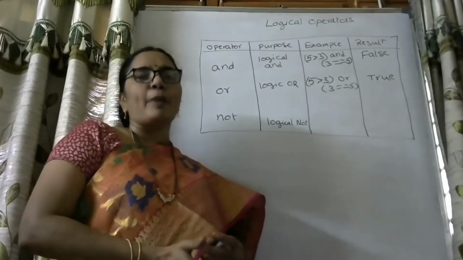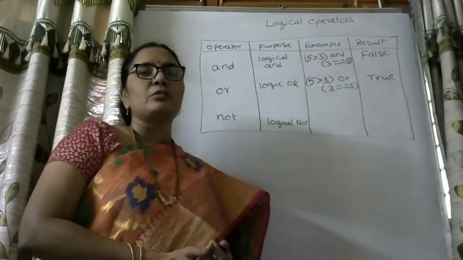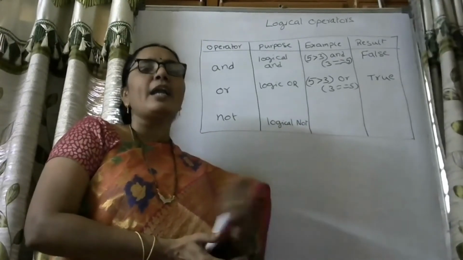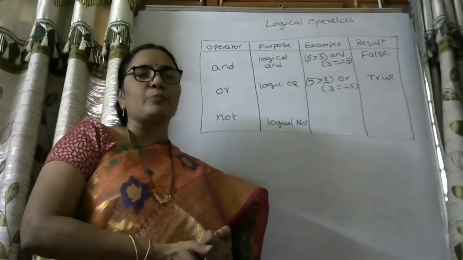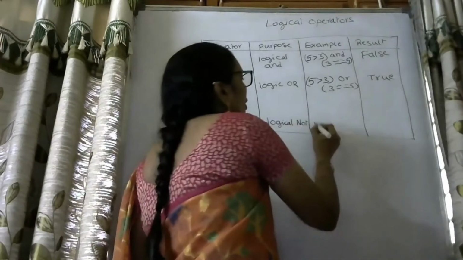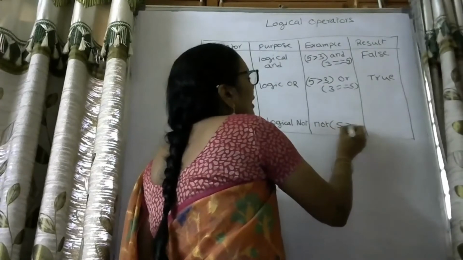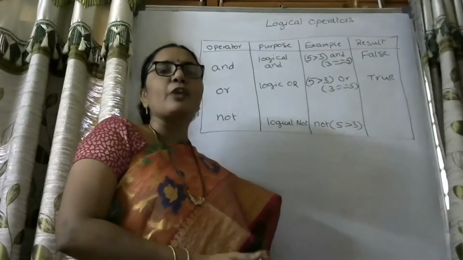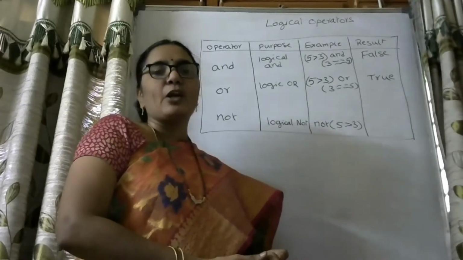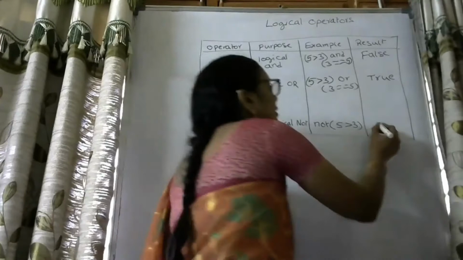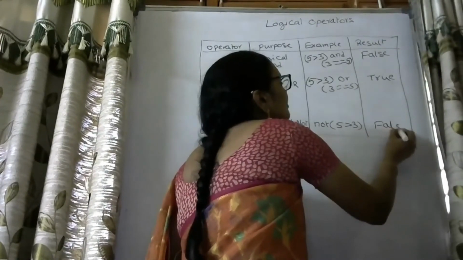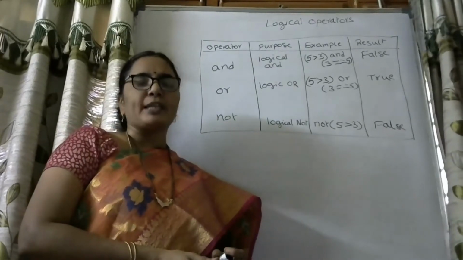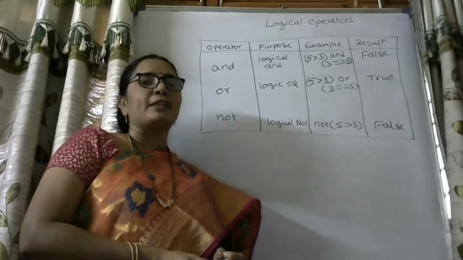Next, the NOT operator is used to negate the input. If I take NOT of 5 greater than 3, we know that 5 greater than 3 gives a true result. NOT of true means false. So these are the different logical operators which you can use in your Python expressions.